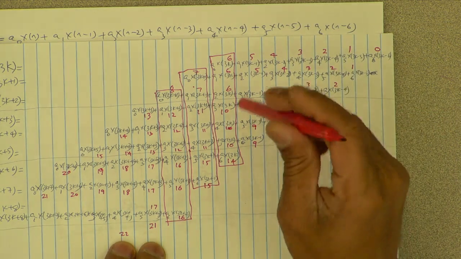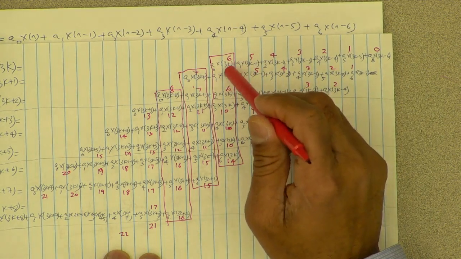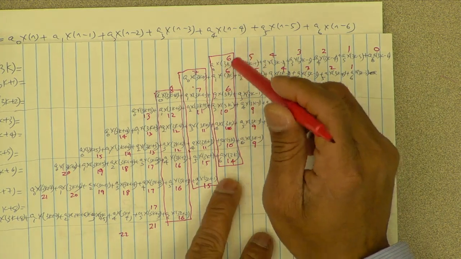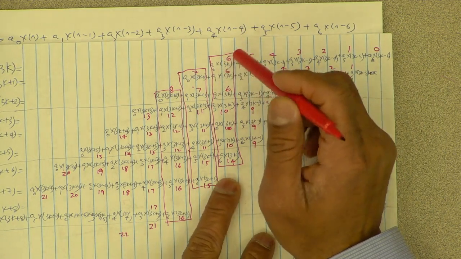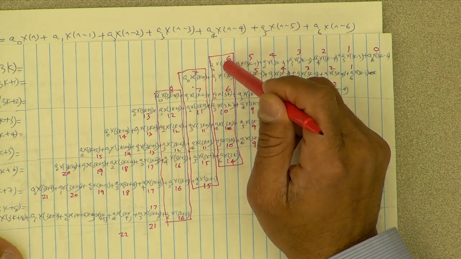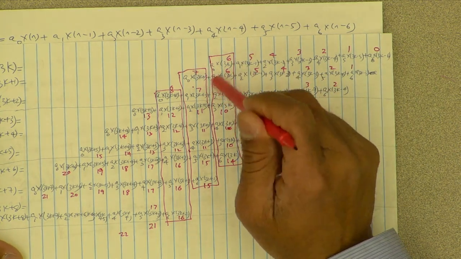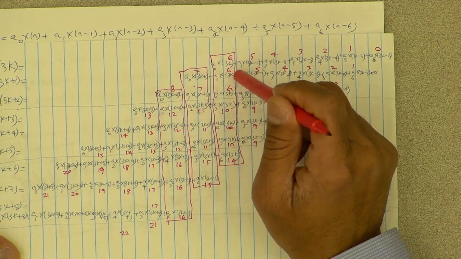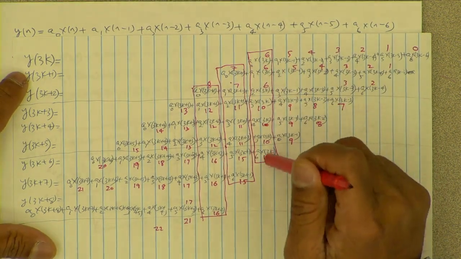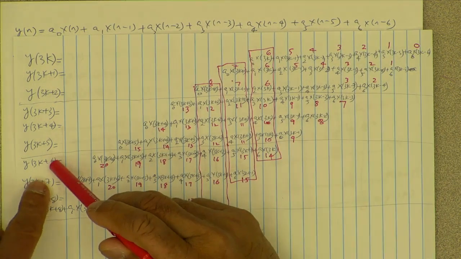So, for example, if I take x0, let us say this x3k, with k being 0, x0 is used to compute y0. A0 times x0 is part of y0, a1 times x0 is part of y1, and ultimately a6 times x0 is part of y6.